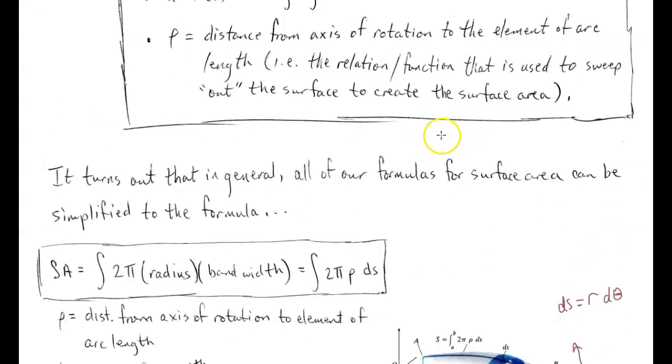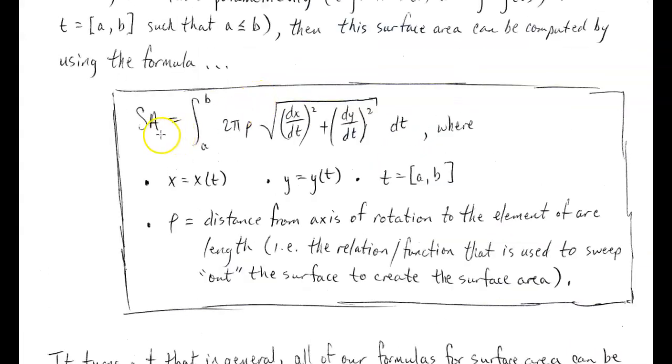So the point I'm trying to make is that you can use this form of the surface area formula if you just want to identify the radius by which you're going to take this function and spin it about the axis that you're going to rotate that function around to create the surface area. If you just know that in your x of t and y of t functions, you can use this version of the formula that is for parametric calculations.